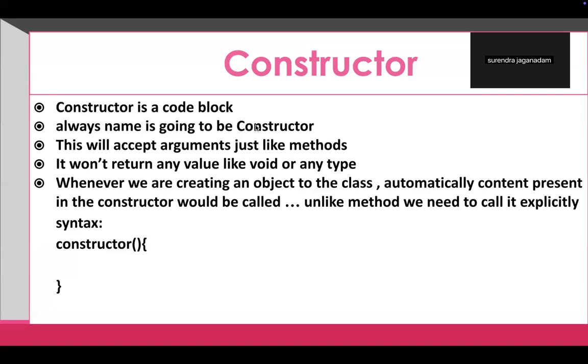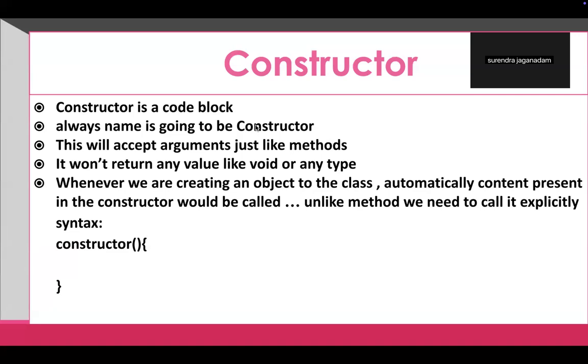And of course, you can define parameters, whatever you are passing for the methods. The similar way you can pass all those parameters for the constructor also. But a method will return some value, whereas a constructor will not return any value.